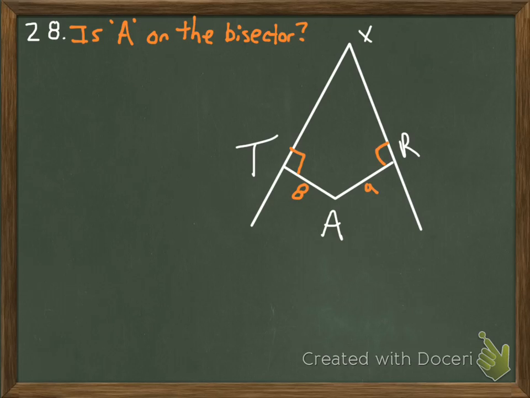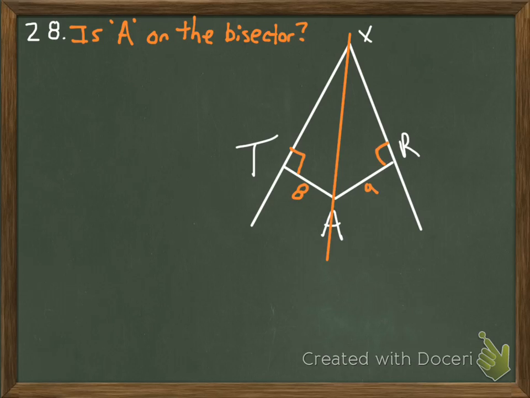Okay, number 28 is asking, is point A on the angle bisector? So, in other words, if I drew in an angle bisector right from X right through there, is point A on the angle bisector? We would have to use the converse of the angle bisector theorem, which tells us if a point is on the bisector, then it should be an equal distance from each side.